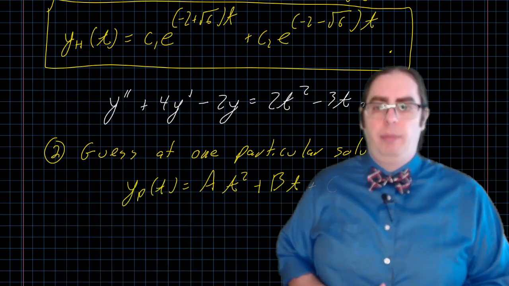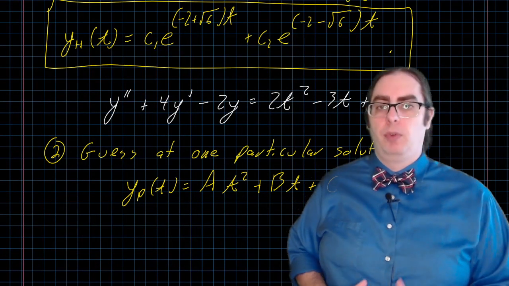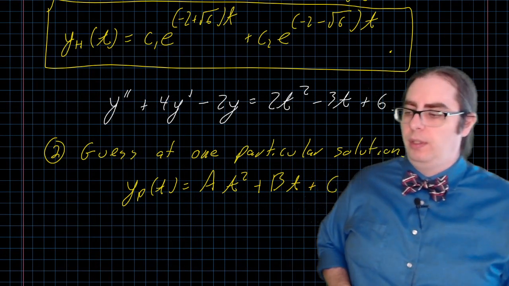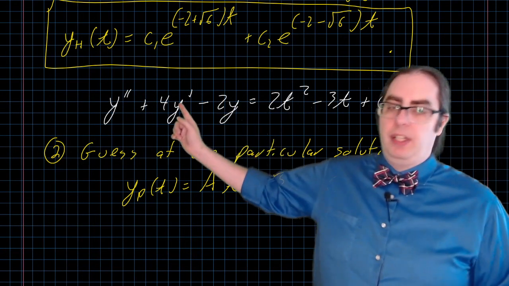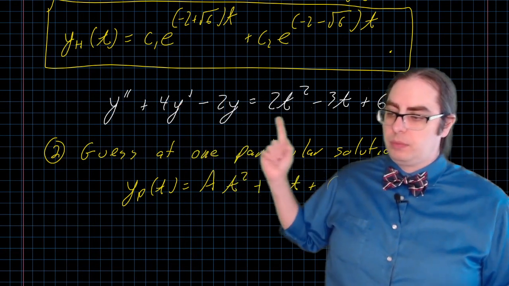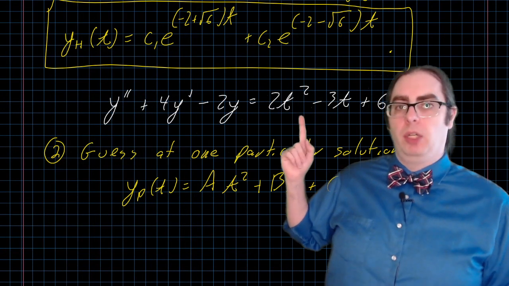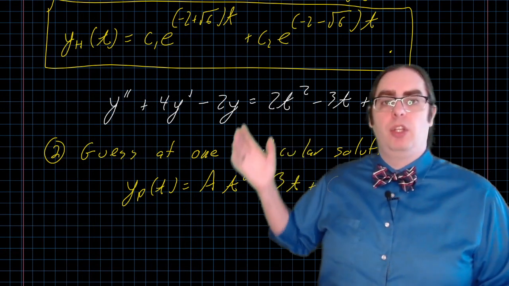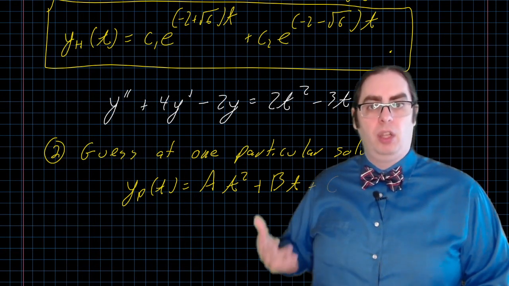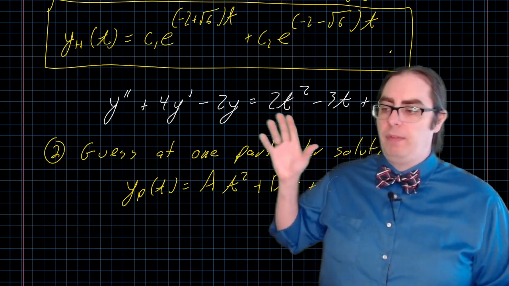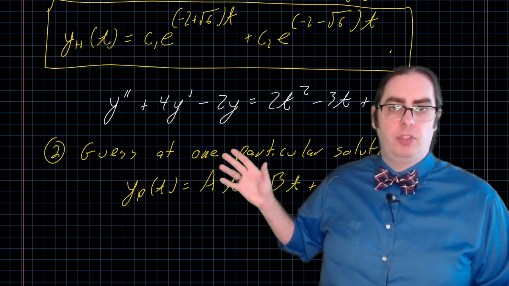Let's talk a little bit about why I made that choice before I go in and use it. When I take the derivative of a function to get out a polynomial, I need to have taken the derivative of a function that was a polynomial one degree larger. The derivative of a second-degree polynomial is a first-degree polynomial.